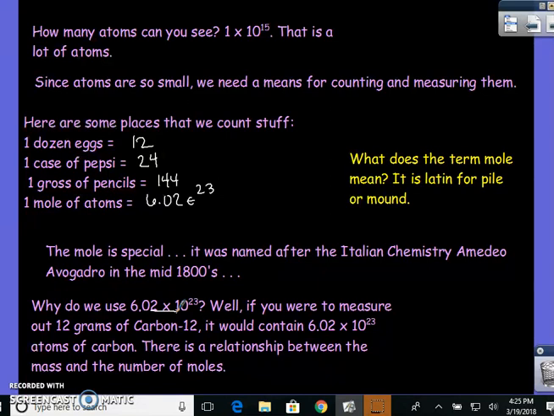Well, if you were to measure out 12 grams of carbon-12, and remember, carbon-12 is based on the most abundant isotope, because if you remember from the Candium lab, when we talked about percent abundance and relative abundance, carbon-12 is going to be the most abundant, it's going to contain this many atoms of carbon. So there is a relationship between the mass and the number of moles of a substance.